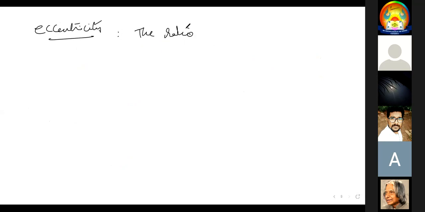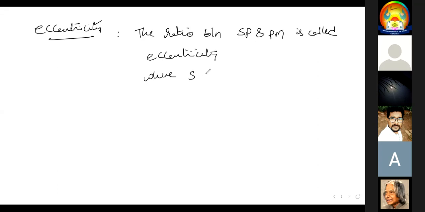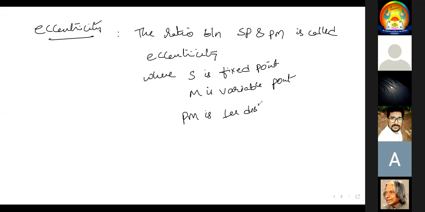The ratio between SP and PM is called eccentricity, where S is the fixed point, P is the variable point, and PM is the perpendicular distance from P to the fixed line L equal to 0.